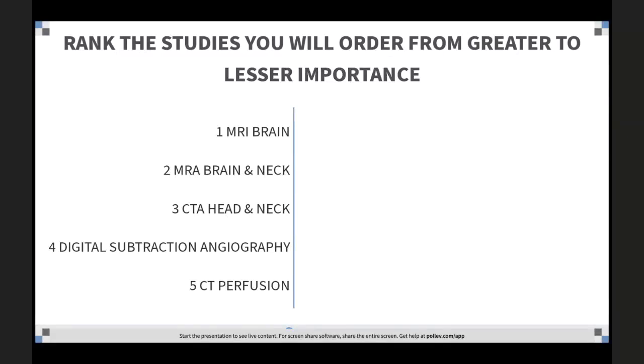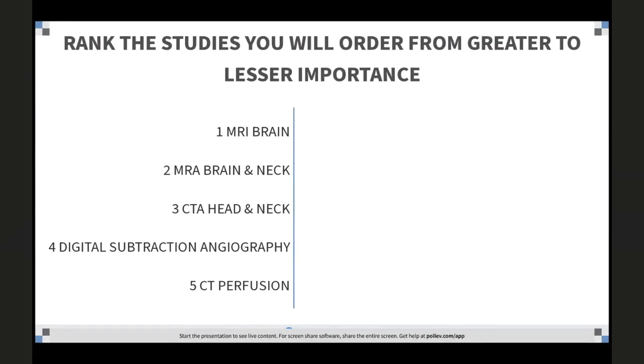The MRA brain and neck I don't think would be necessary if you've already done the CTA head and neck. Same thing with digital subtraction angiography. If you've done an MRI of the head and a CTA of the head and neck, unless you see something that suggests vasculopathy, I'm not sure the DSA is necessary.